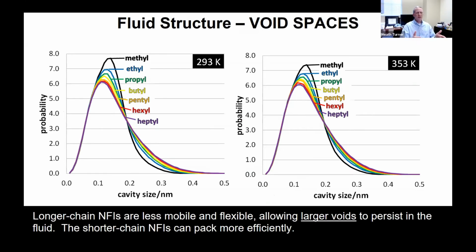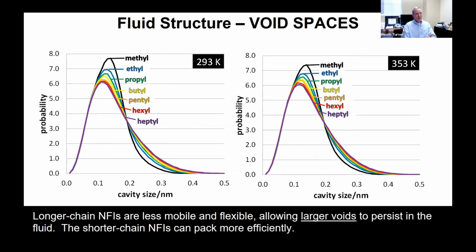You can take different simulation snapshots, calculate that fluid structure, and you can essentially get a pore size distribution in that fluid, or a cavity size distribution within that fluid, whatever you want to call it. And what you'll find is you have this very natural progression in these solvents, going from the methyl all the way up to the heptyl group, in terms of what that pore structure looks like.